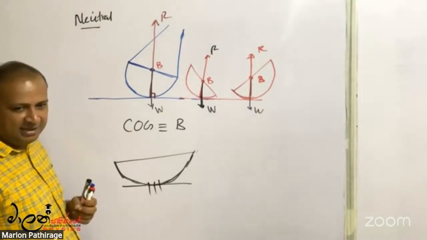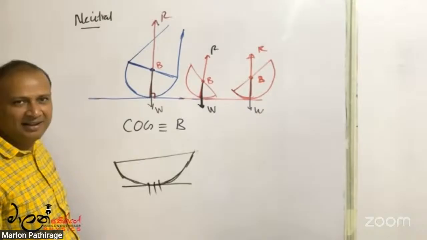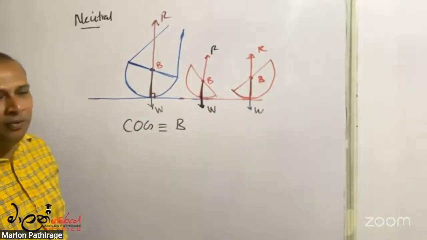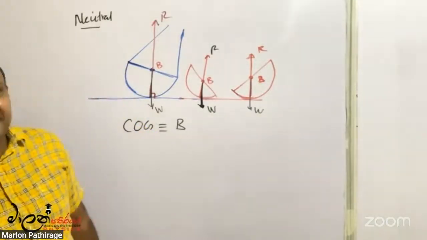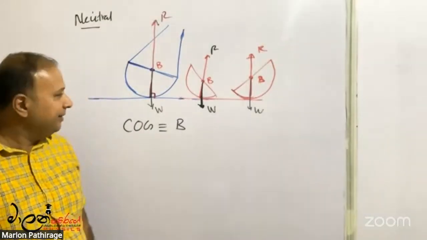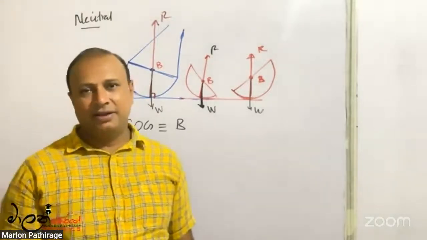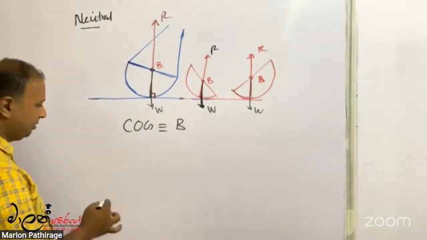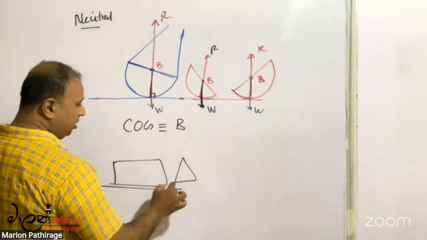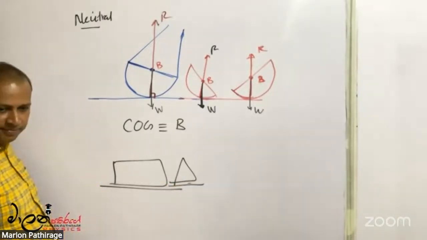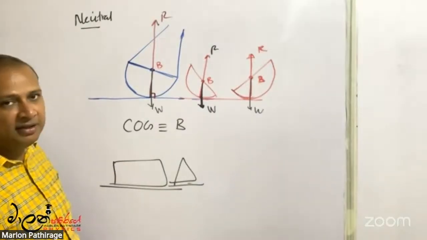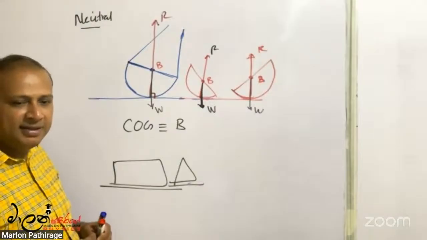If it is not a circle, if it is a square or rectangle or triangular shape or any other geometrical figure, then there may be several contact points. But if it is a circular part, then definitely there should be one single point.